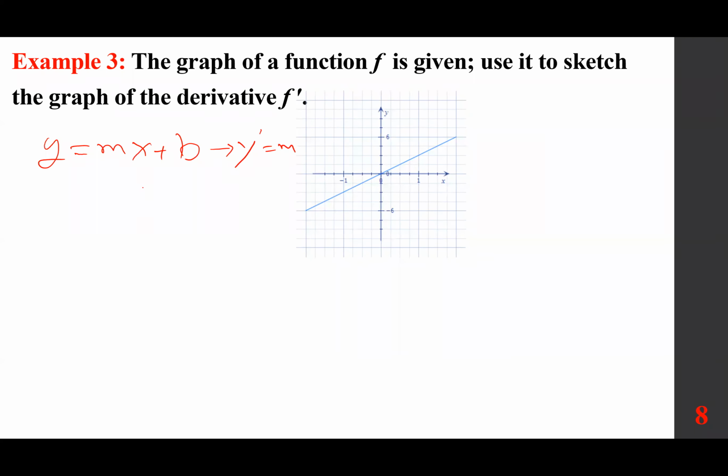If the line happens to be a horizontal line, okay, any horizontal line, the slope is 0. So the equation is y equals 0, or the x-axis.